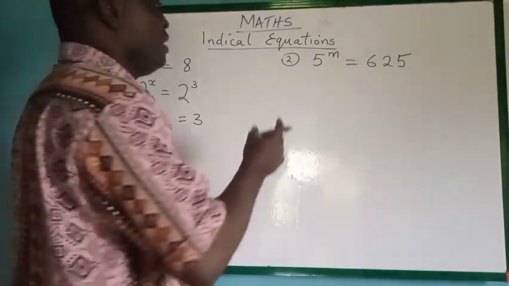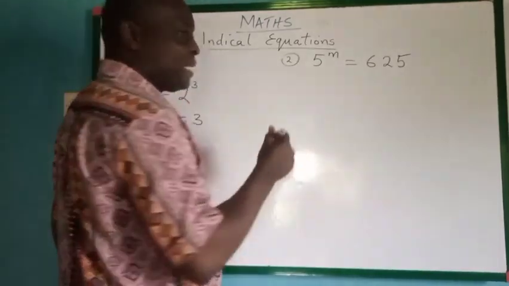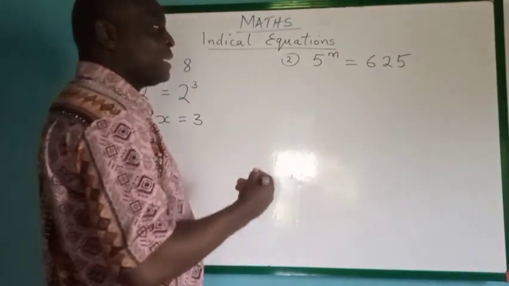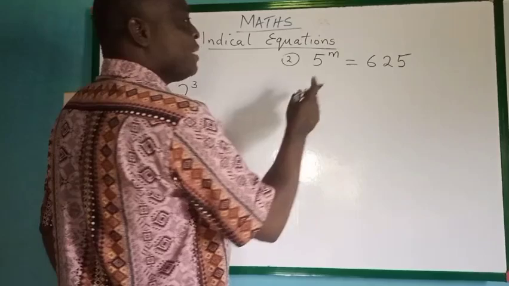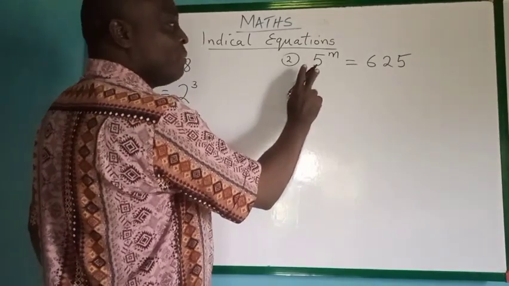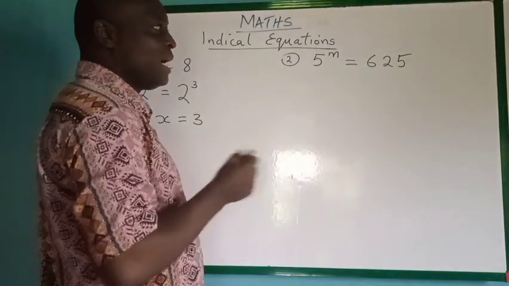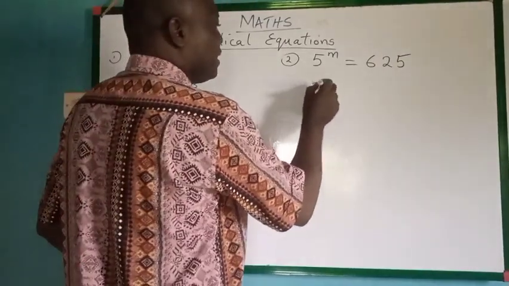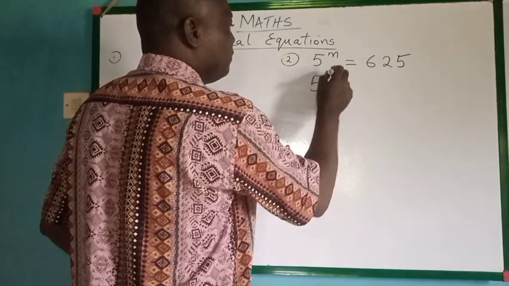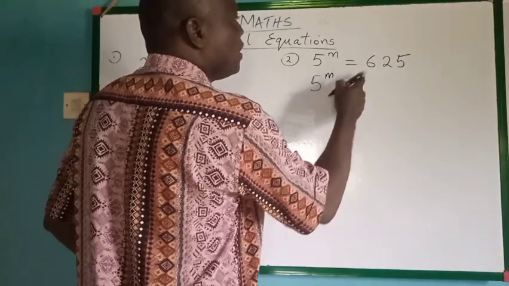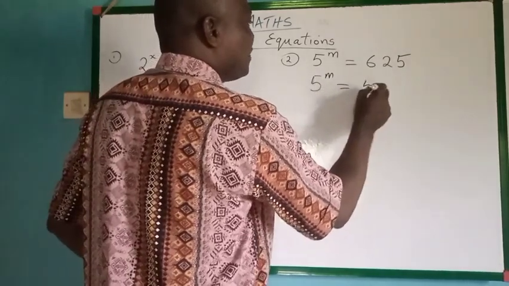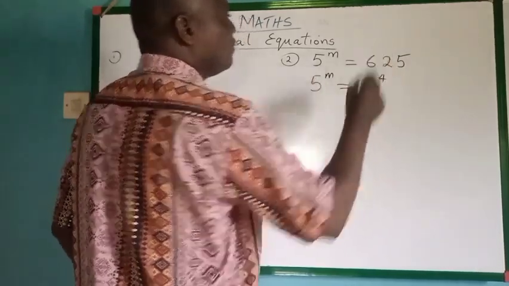Continuous practice has shown that yes, 625 can be expressed as a number that has 5 as foundation number. How? We can now bring this down. 5 raised to power m is equal to 625, which is the same thing as 5 raised to power 4.